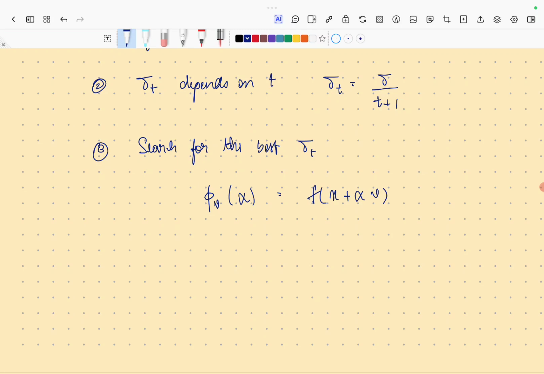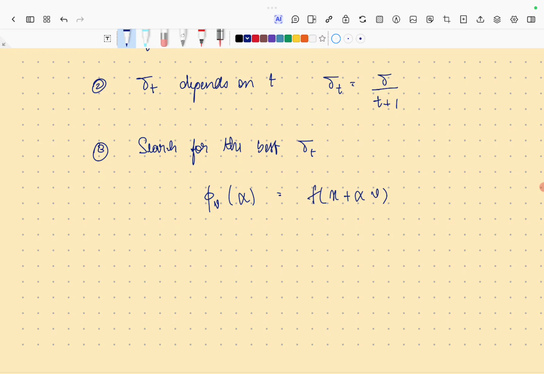If f is convex, then what can I say about phi v of alpha? It's guaranteed to be convex, as we've seen. So what I can do now, at each step, is try to solve a one-dimensional minimization problem. We've already seen different algorithms for doing one-dimensional minimization.